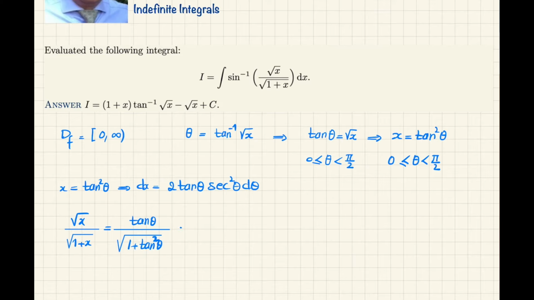The square root of 1 plus tangent squared is secant squared, so this becomes tangent of theta divided by the absolute value of secant of theta. But because theta is in the first quadrant, secant theta is positive, so I don't need any absolute value sign.